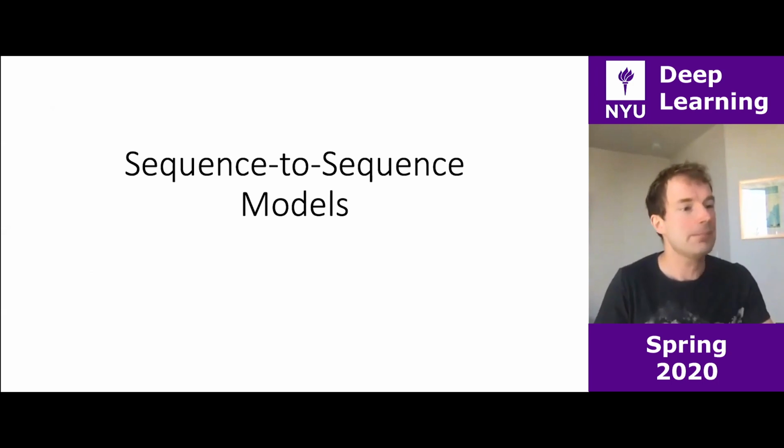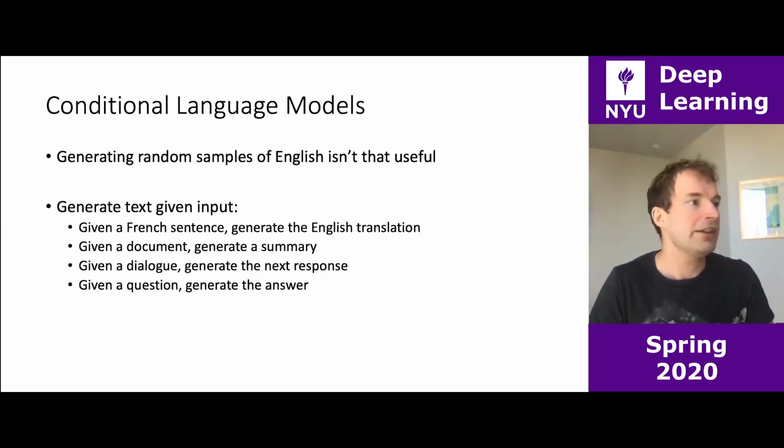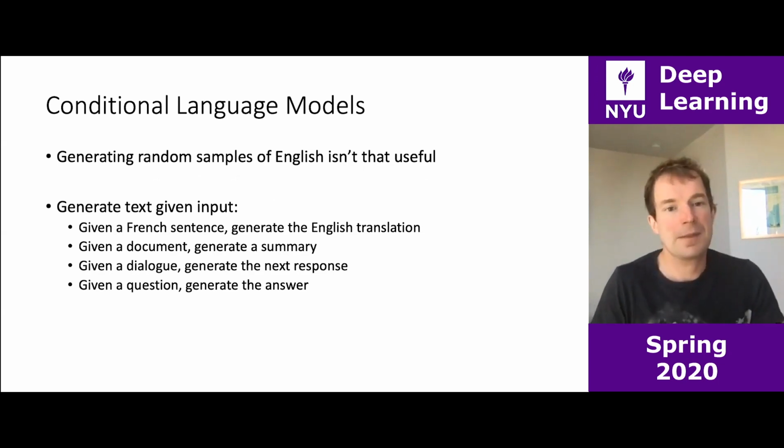All right, so that's unconditional language models. They're generating samples of text. This actually isn't a very useful thing to do. What's much more useful is conditional language models, which, given some input, generate some output.